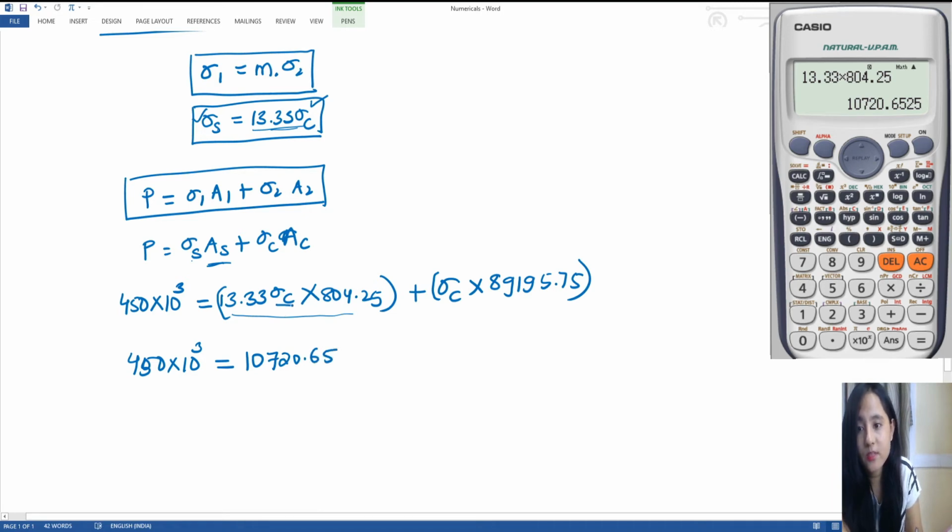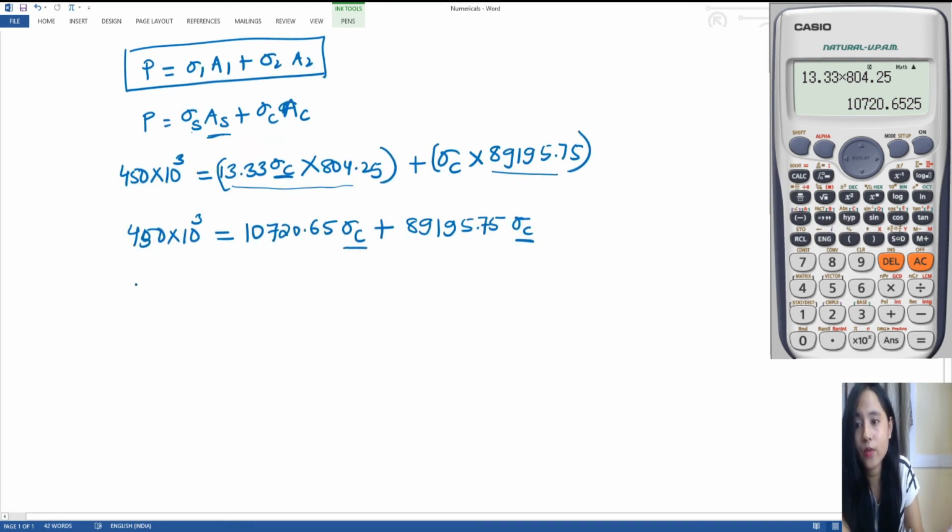Now this sigma C will remain as it is, so it will be 10,720.65 sigma C plus 89,195.75 sigma C. Now we can add these two terms because they are like terms, they have the same unknown variable, so we can add these two up.